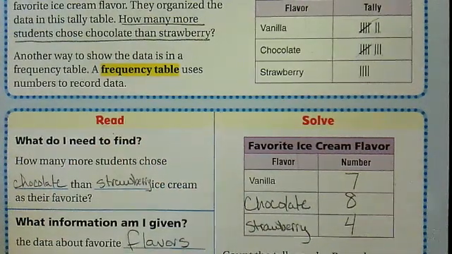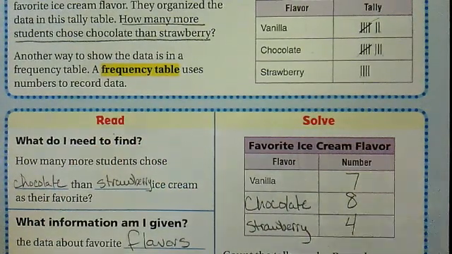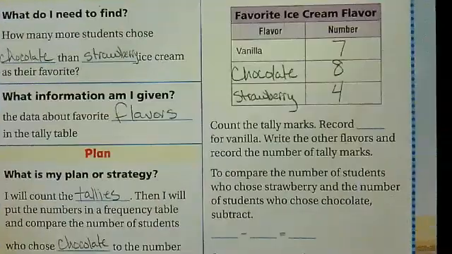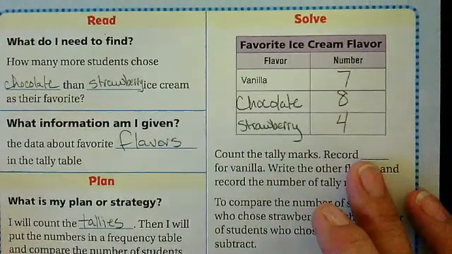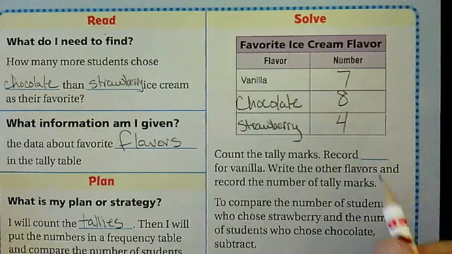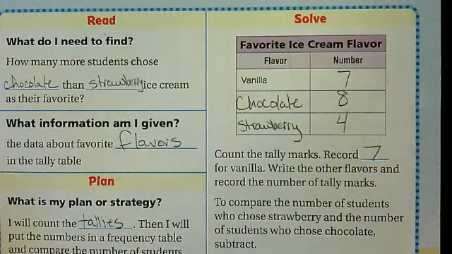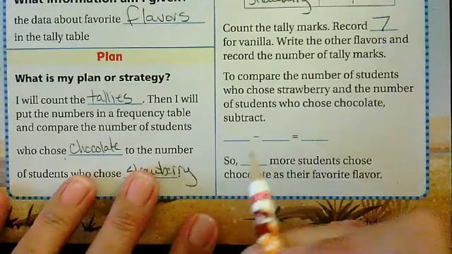So now that I have all of this data in numbers on my table, I can actually solve it. We counted the tally marks and we recorded 7 for vanilla. To compare the number of students who chose strawberry and the number of students who chose chocolate, we're going to subtract. So we always put our biggest number first when we subtract.